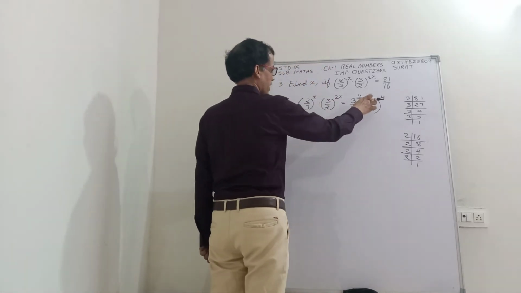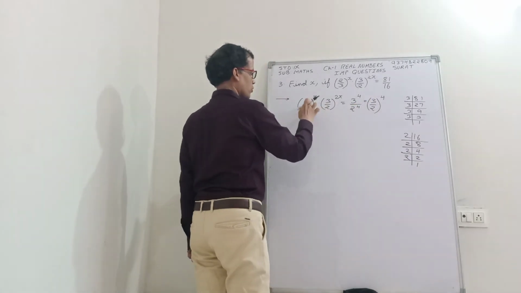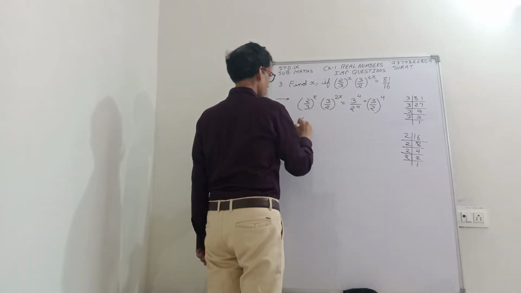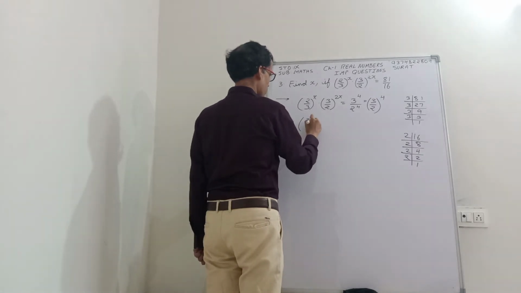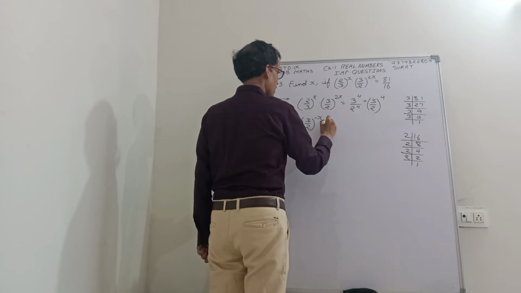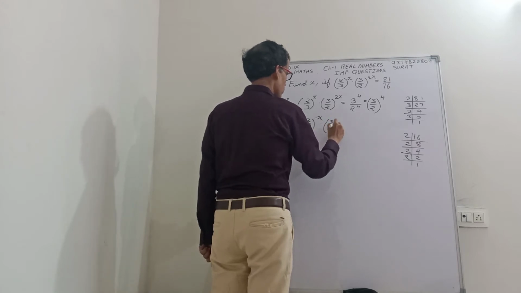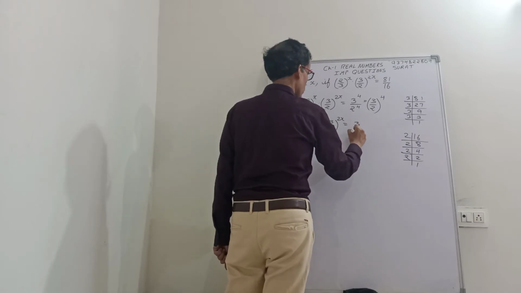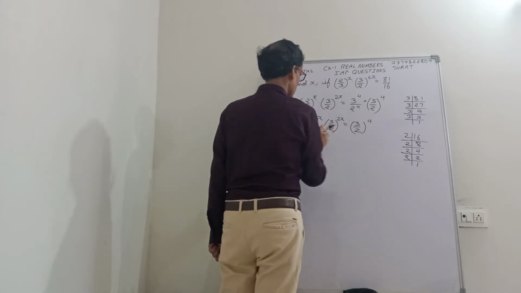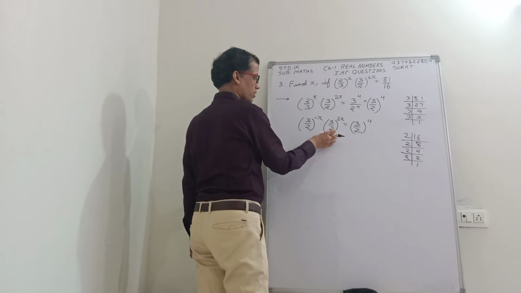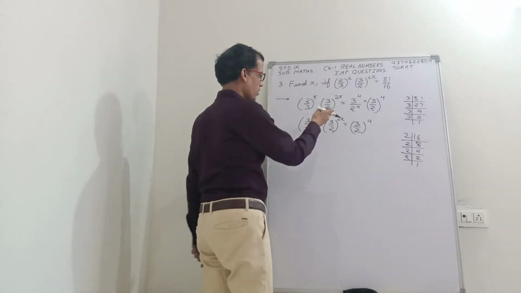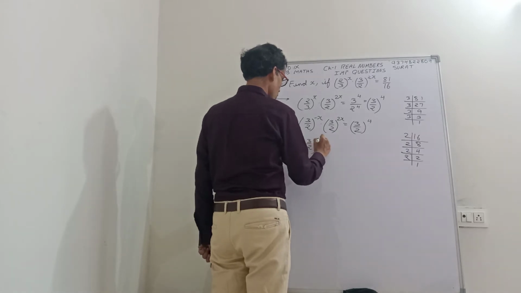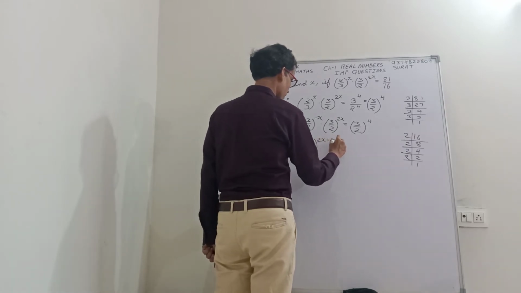Now here it is 3 by 2, here also 3 by 2, but this one is 2 by 3. So do the reciprocal and change the sign, so we can write 3 by 2 power minus x. Again this is 3 by 2 power 2x, times 3 by 2 power minus x, equals 3 by 2 power 4. Now here it is product, so whenever it is product, you have to add the powers: 2x plus minus x.